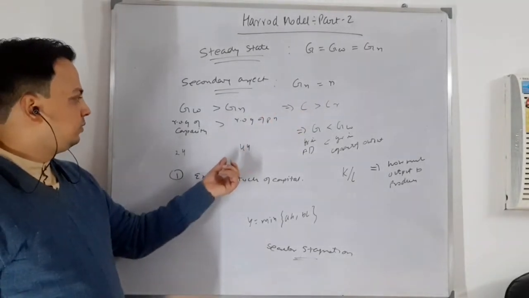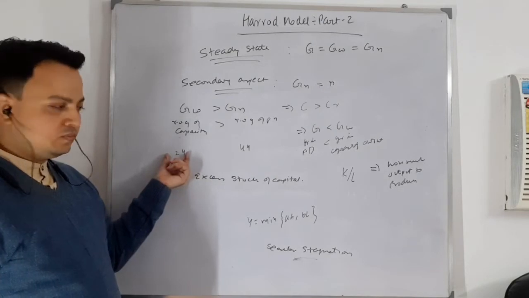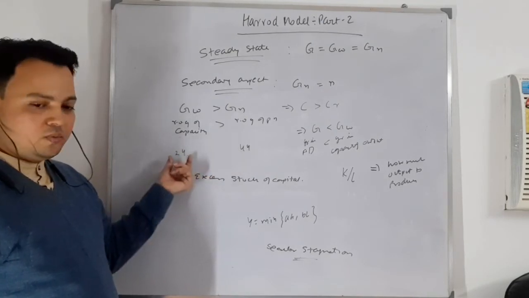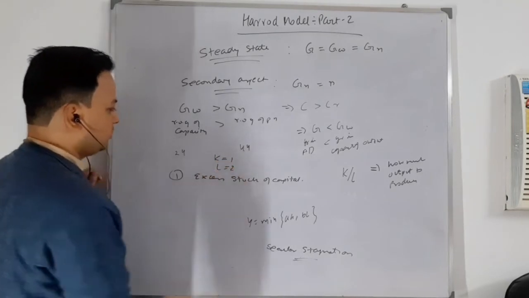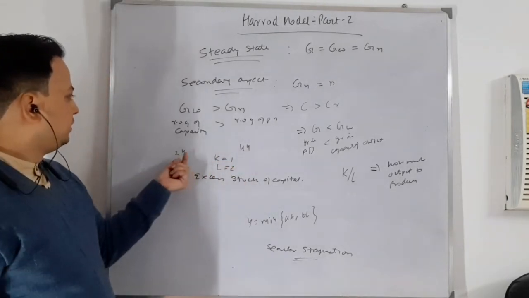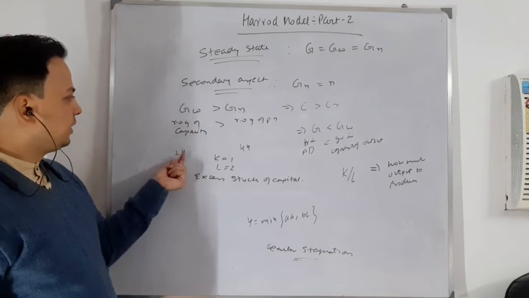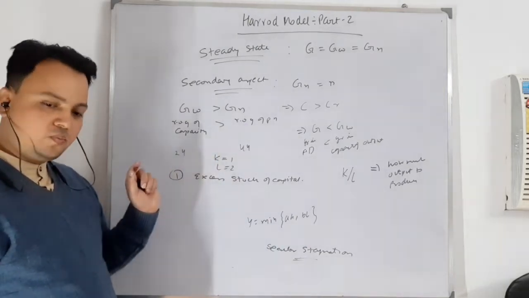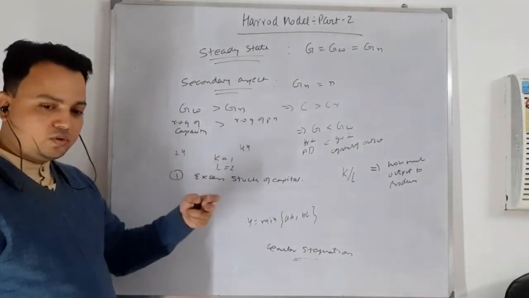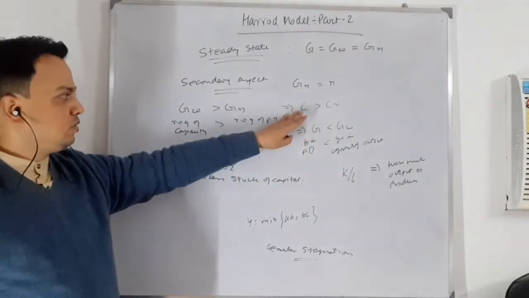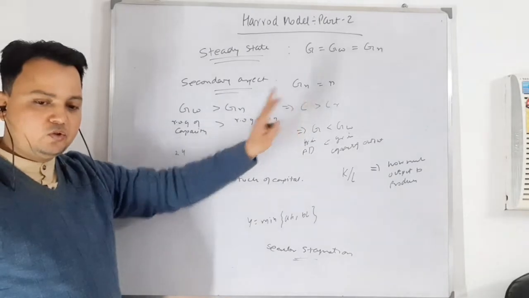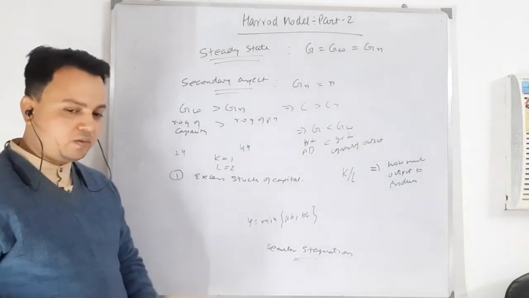Actual capital stock is 24, but how much do you require? Given the ratio that you require 1 unit of capital and 2 units of labor, you require 22 units of capital capacity with 44 units of population. So you have 2 units of more capital in this period. Next period it will be more and more and more. So actual capital stock is more than required capital stock, so there is an excess capital stock.